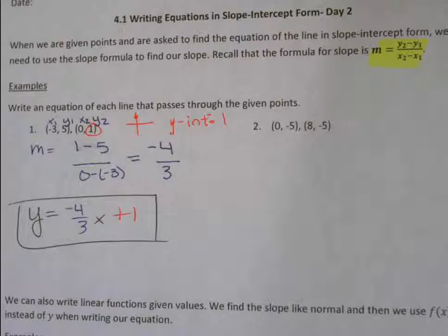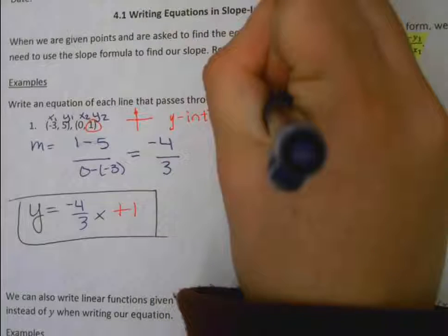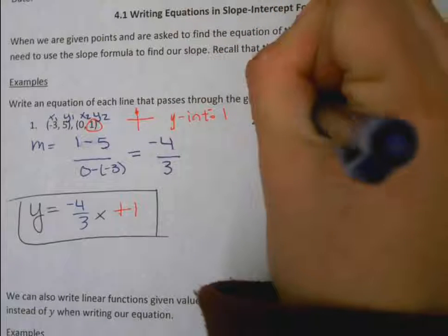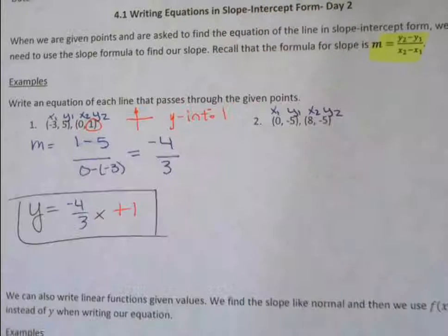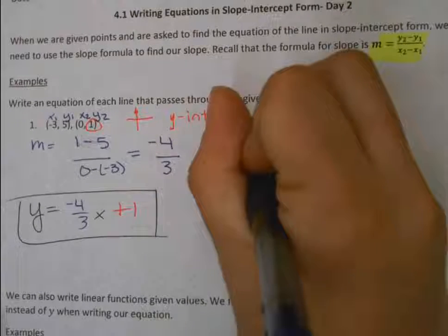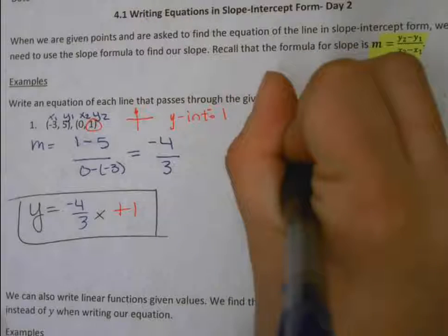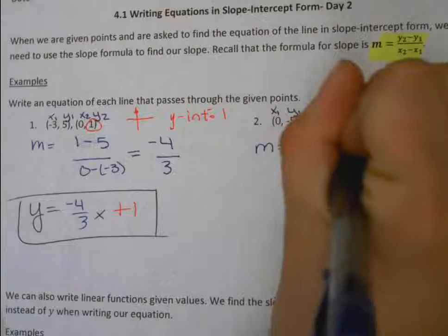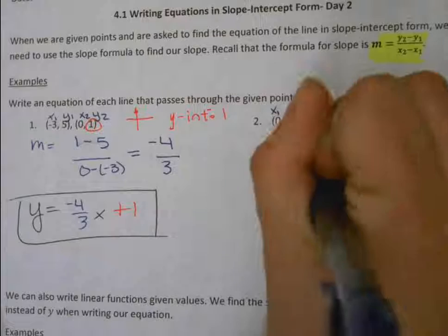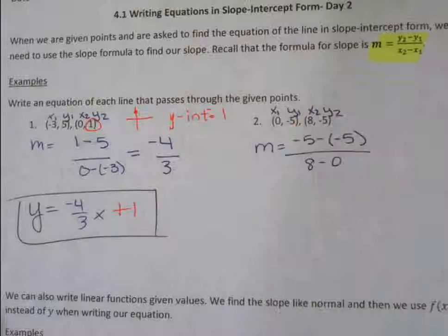Okay. So then I want to do the same thing for number 2. This is going to be x1, y1, x2, y2. Then I plug into the equation, so I'm going to have negative 5 minus negative 5 over 8 minus 0.